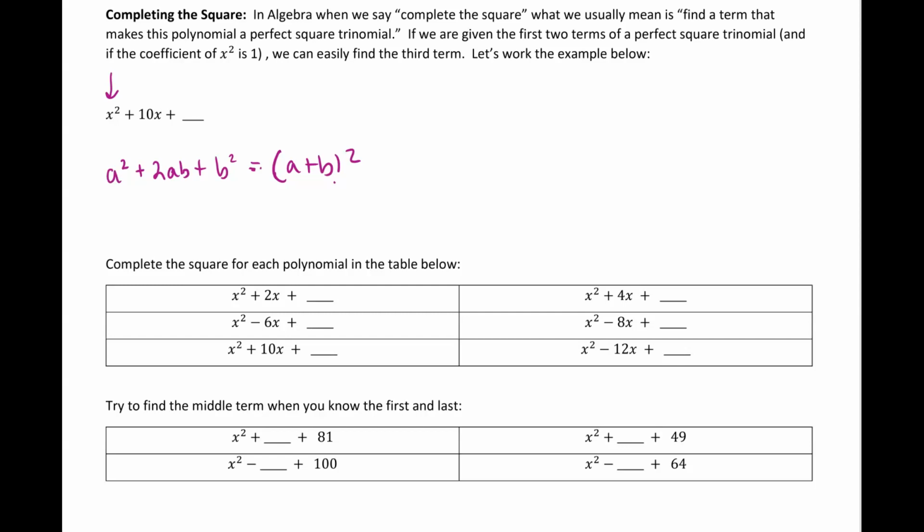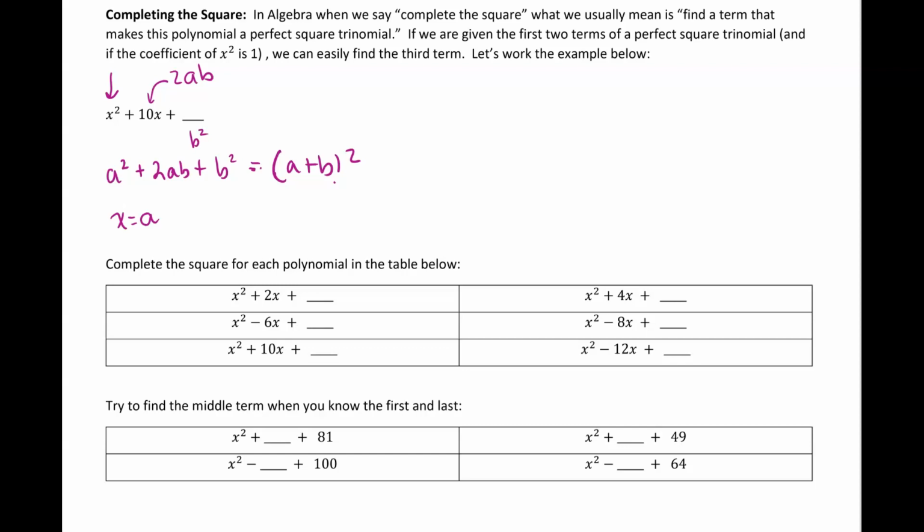So if I look at that, my x squared is like my a squared. So I'm going to think of x as being this a here. And then I know this term has to be 2ab. And then my last term is going to be b squared.